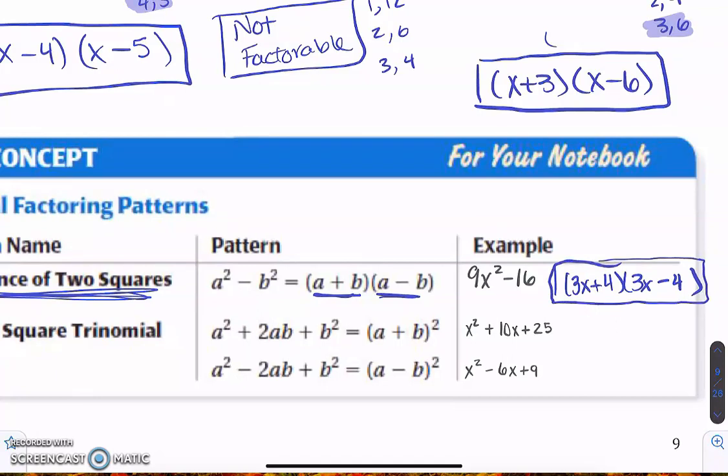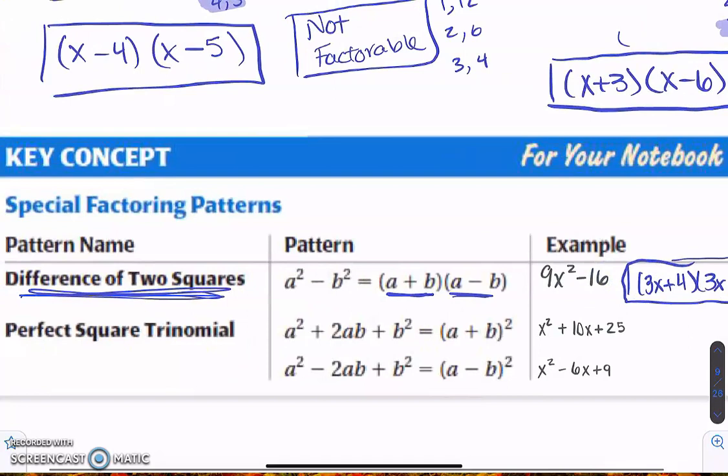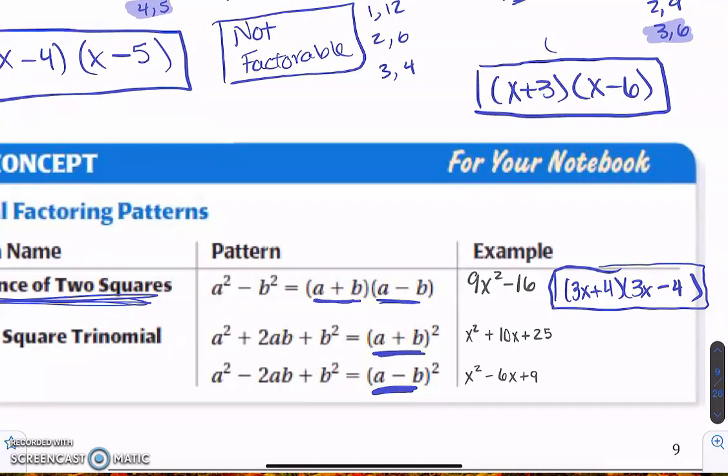They're patterns. So then the other ones are your perfect square trinomials. So that's when you've got the same binomial squared. So when you have x squared plus 10x plus 25, that would really factor into x plus 5 times x plus 5. But you can write it as x plus 5 squared.